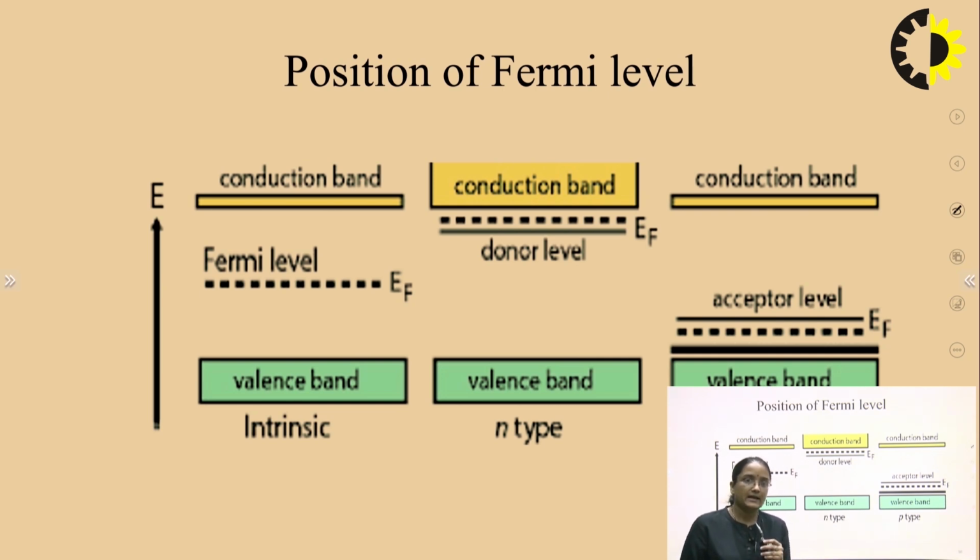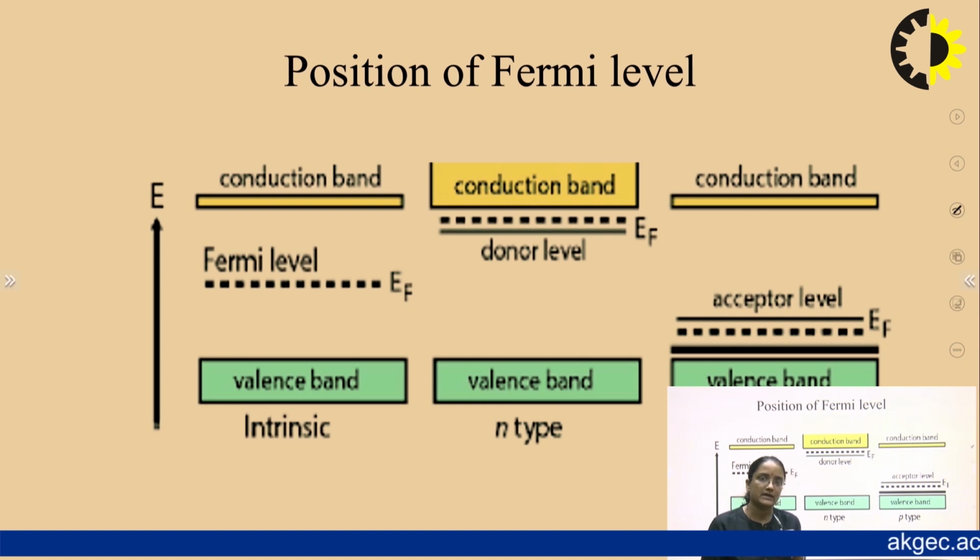So the acceptor level defines the density states of the majority charge carriers, and we depict these density states by Na or Nc in case of p type and n type. So in p type, the Fermi level will be close to the valence band edge, lying between the acceptor level and the valence band. So based on the position of the Fermi level, we are categorizing our types of semiconductors: intrinsic and extrinsic, n type and p type.